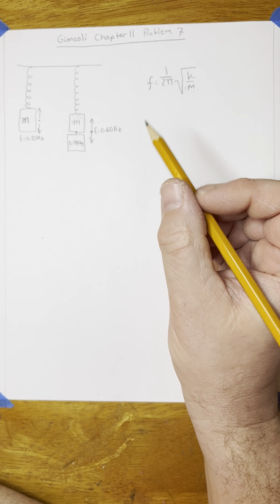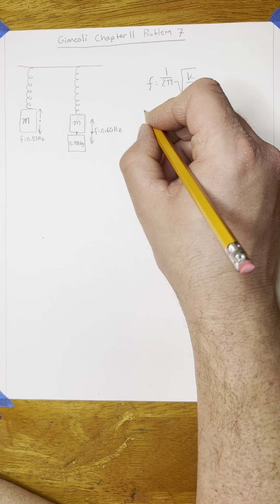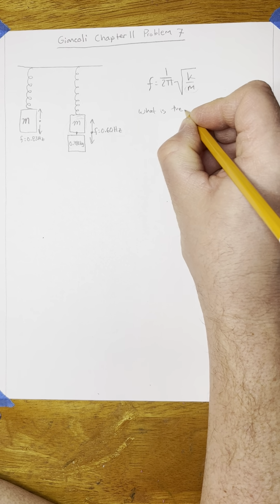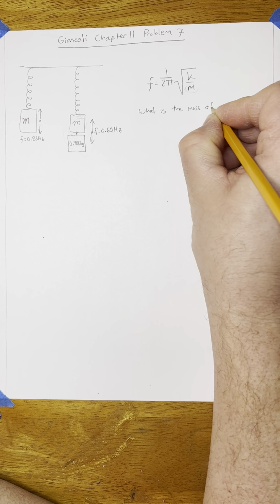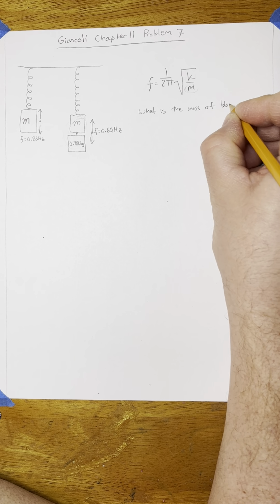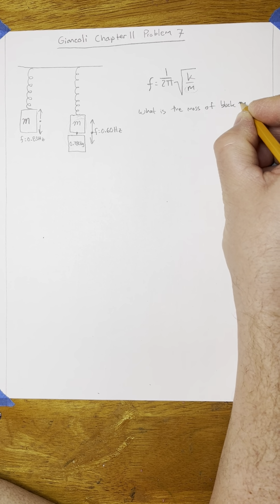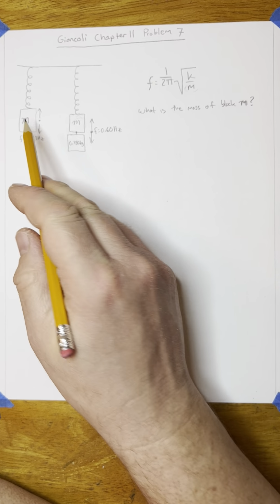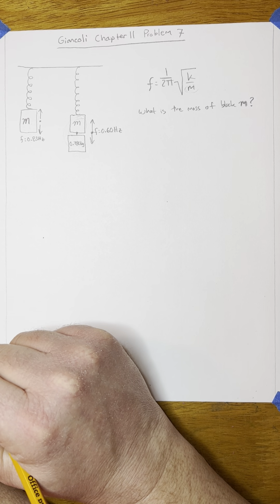Okay, and what they would like us to figure out is, what is the mass of block m? We want to know what an actual value for this initial oscillating system was.